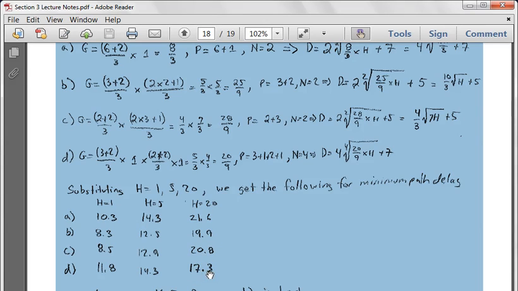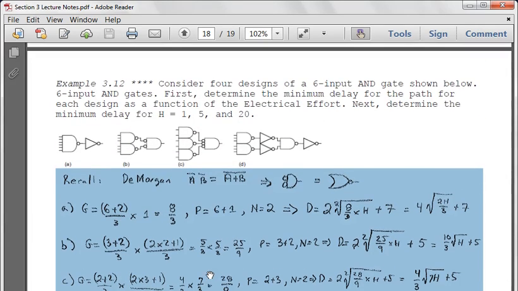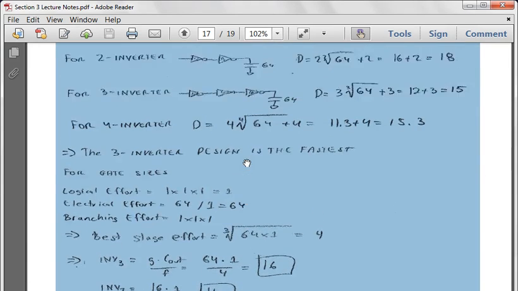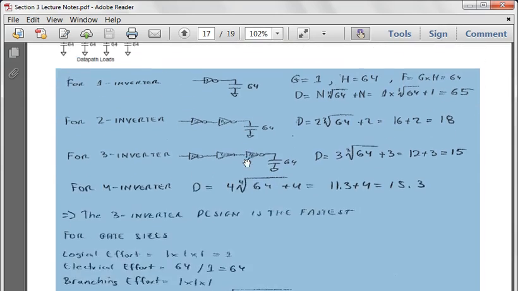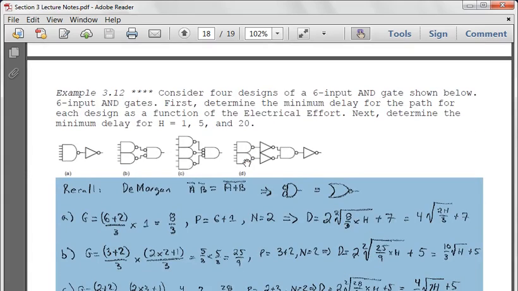So for 1 and 5, we can logically conclude that design B is best. However, for 20, design D is best. So if we're going all the way back up to the previous example, where we're driving a 64-bit data path, we'd absolutely want to use D. But if we're only using it to drive smaller cells, we'd want B as the design.